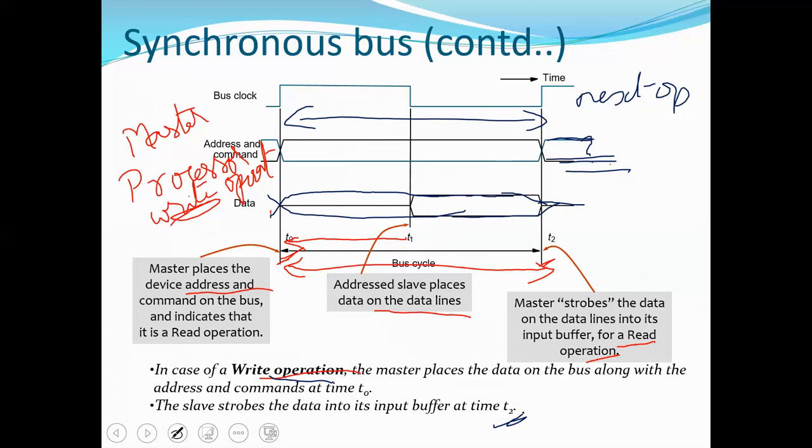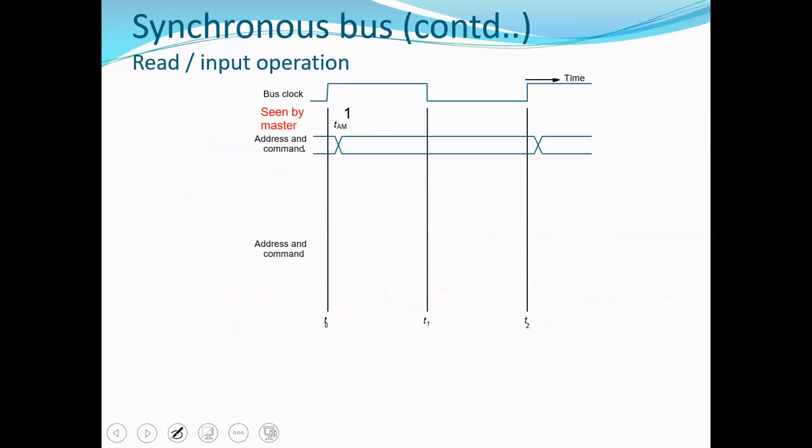So I have told you that at time t naught, data is put to the bus, address is put to the bus. But here you can see there is a delay at time TAM, not at t naught. After some time, the address and the command, that is control signals, are put to the bus.